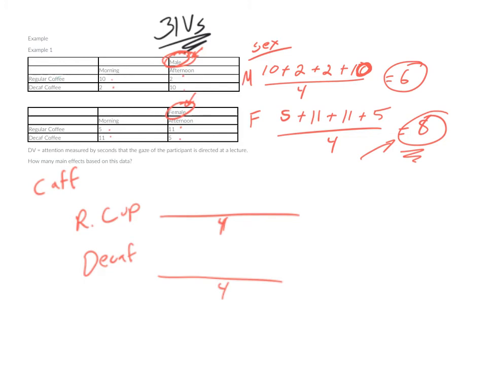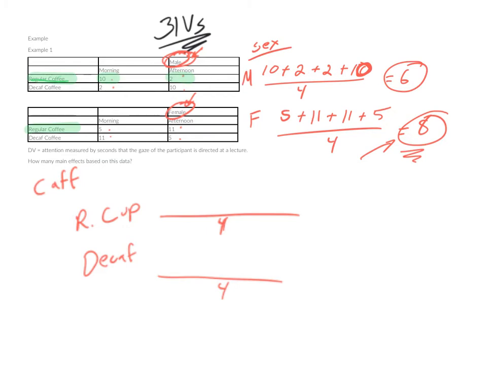Let me color code this. Okay, this is regular cup of coffee, right? Let me change to a highlighter. There you go. So this is a regular cup of coffee. Regular cup of coffee. Regular in the morning. Regular in the afternoon.